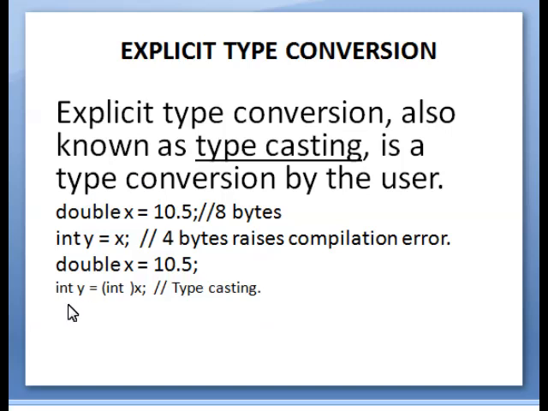So in this code, the 8 bytes double value is narrowed to a 4 bytes integer value, so it raises an error. So we explicitly typecast it. So this one is called explicit type conversion.